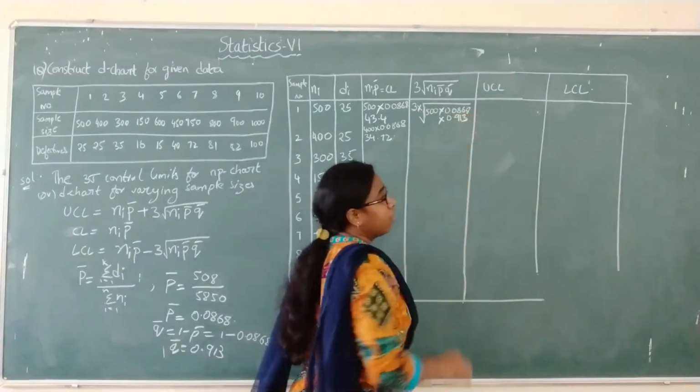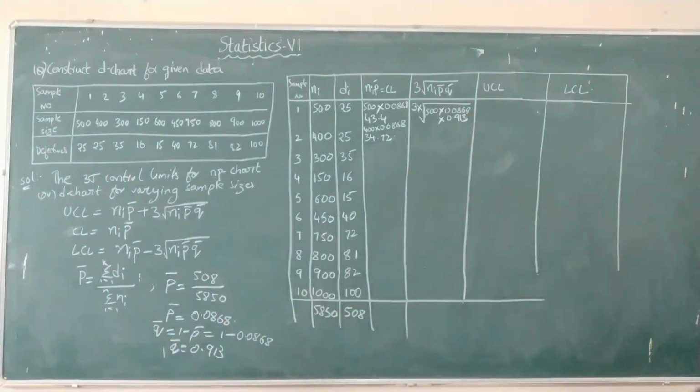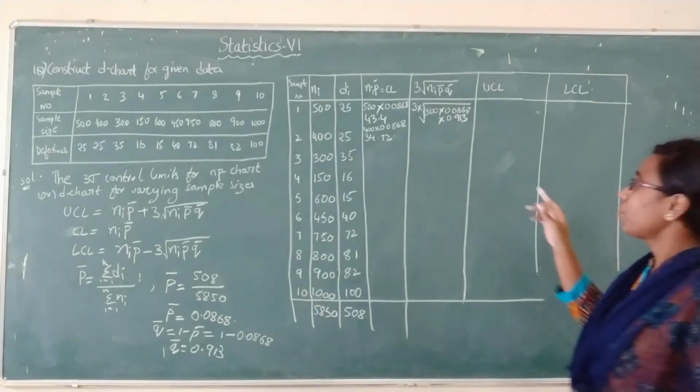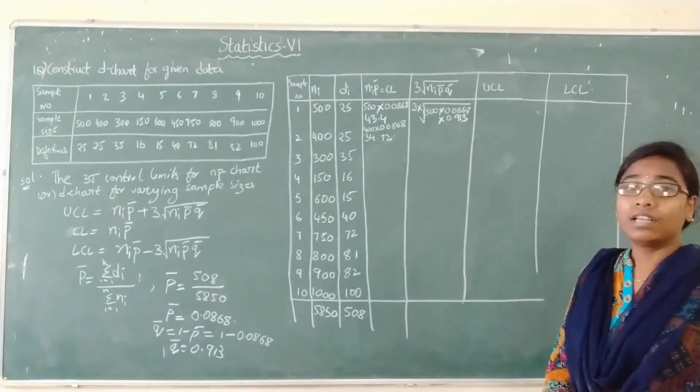After substituting the Ni value, P bar value and Q bar value, keep the under root of it and multiply by 3, and you will get the required column.